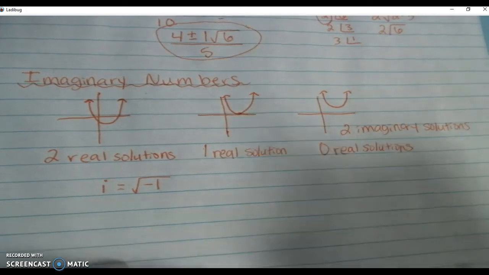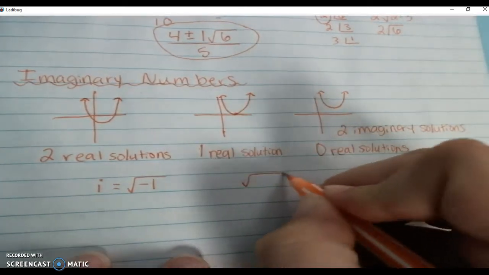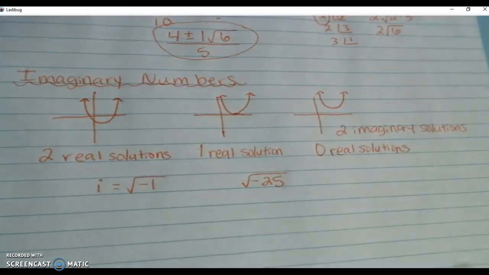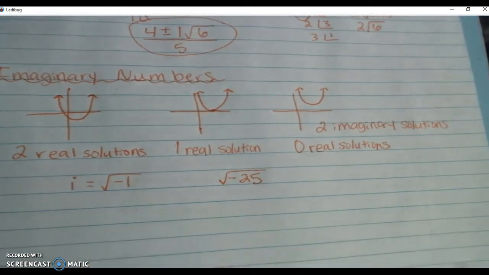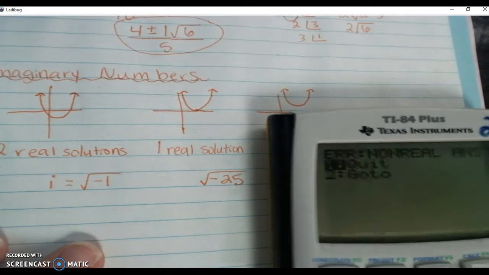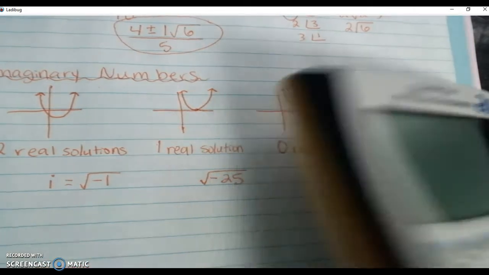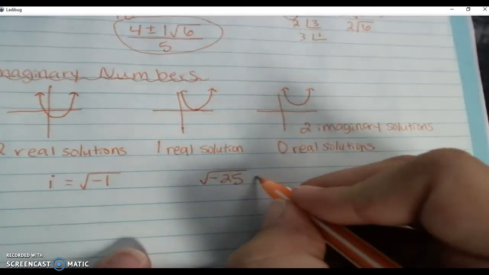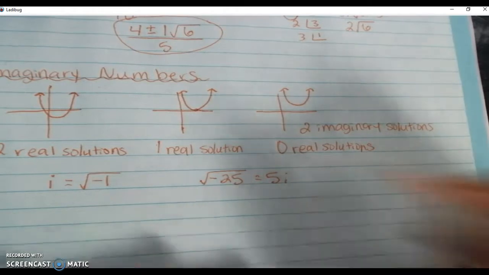So if we had a problem, let's say the square root of -25. Now again, if I type that in my calculator, I get an error. But what's the square root of 25? 5. So we already knew that. We talked about that yesterday. So it's just 5i.